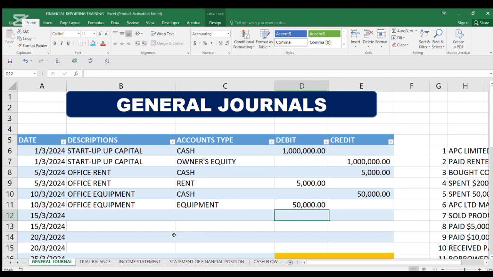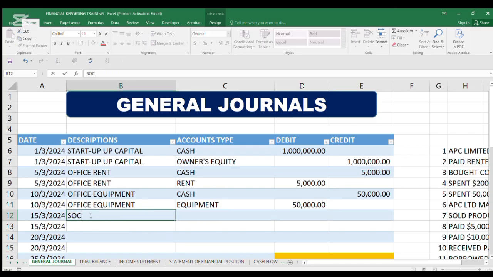Software development and testing is a cash transaction. We will now write software development.